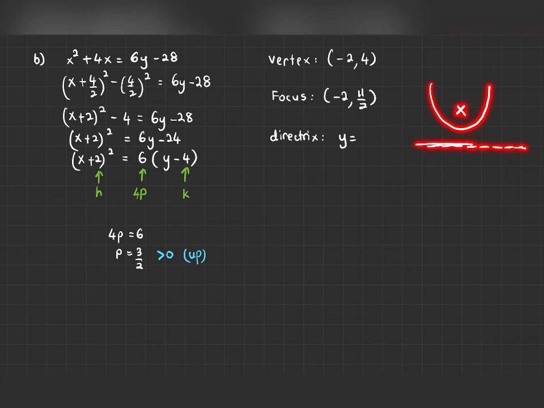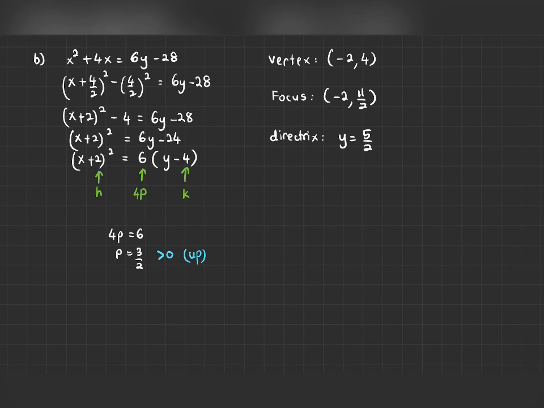So, dia melintang kan. So, nilai Y sama dengan something. So, sekarang ni vertex kita kat sini. So, kita akan tolakkan dengan P. Sebab dia turun bawah. So, now 4 tolakkan dengan P. So, berapa? 4 tolak 3/2 kita dapat 5/2. So, maksudnya Y equals to 5 over 2.